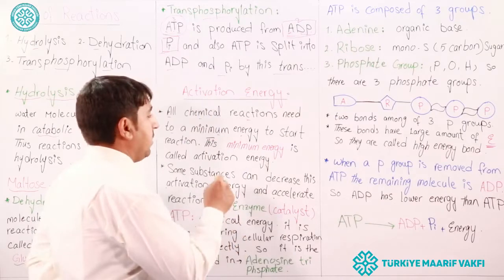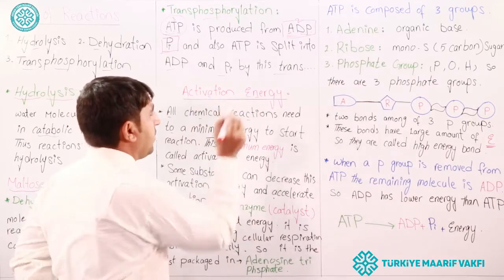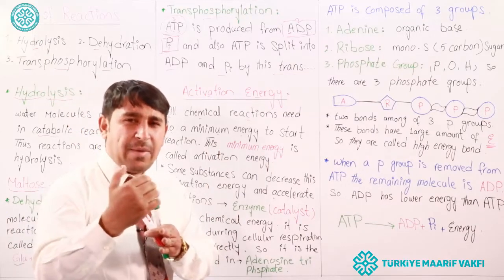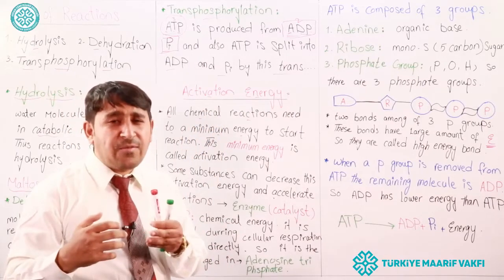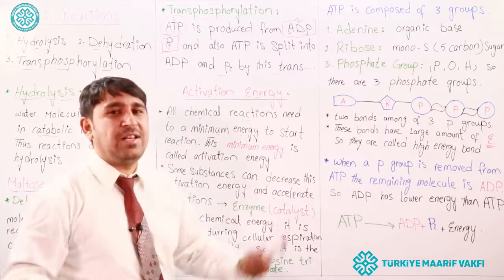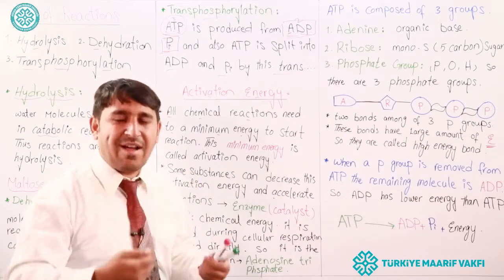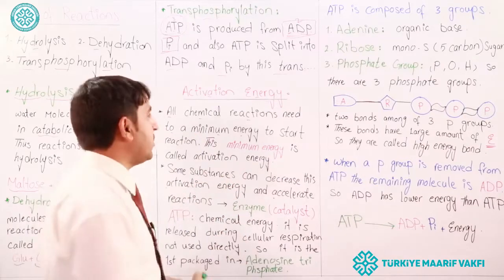So now, what do we have here? We have activation energy. The energy which is coming from the battery is the activation energy. If we don't have the battery, we cannot activate our car. For starting our car, we must have the battery or the activation energy.